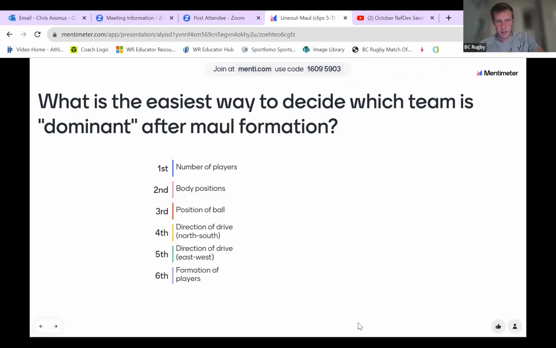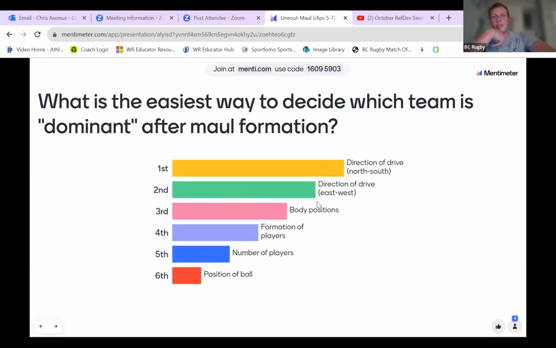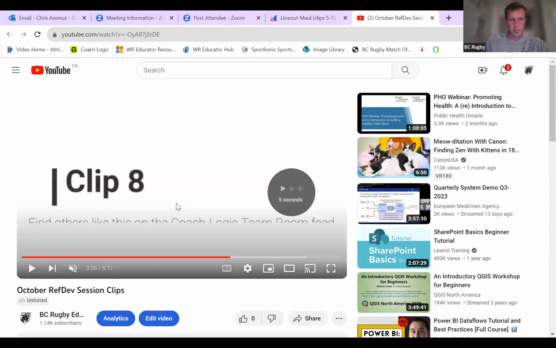So I've put some options here: number of players, body positions, position of the ball, direction of the drive, the formation of the players. There's different ones there. So some people have already dove in, which is awesome. Yeah, and then we'll see if we can challenge some of that, if that makes sense.